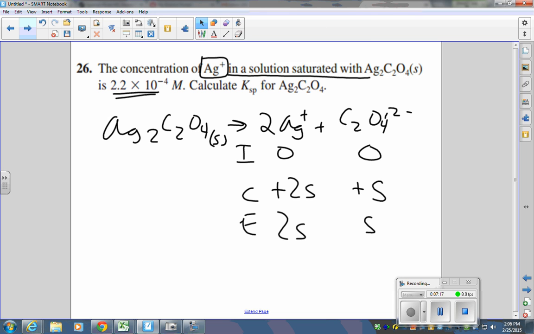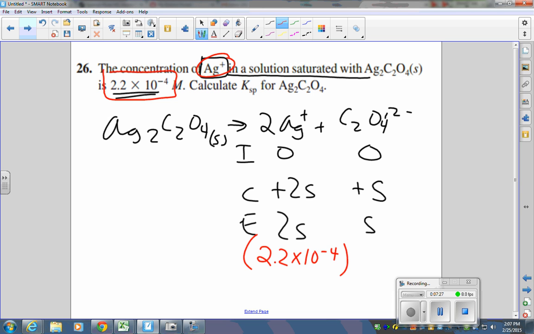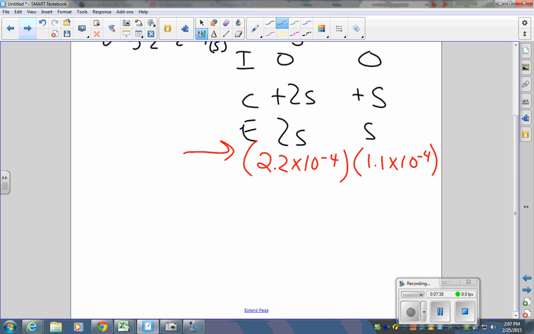They're telling me Ag is 2.2 times 10 to the negative 4th. That's not S, that's 2S. So to get S, I would divide that by 2, which ultimately means it's going to be 1.1 times 10 to the negative 4th. You have to pay attention to the E line, the most critical thing, because they use different ion ratios to mess with you.